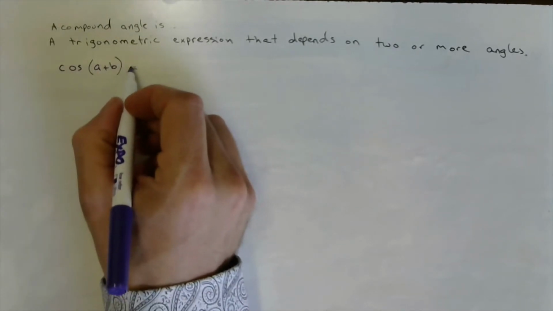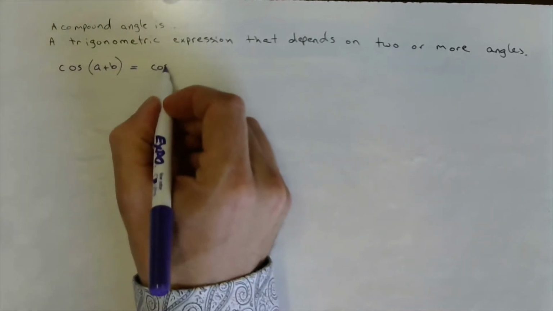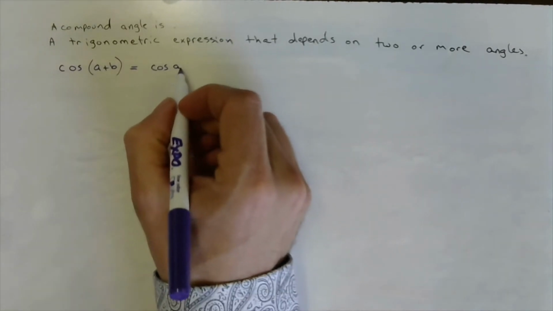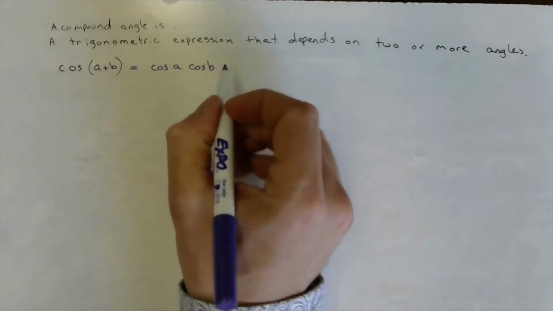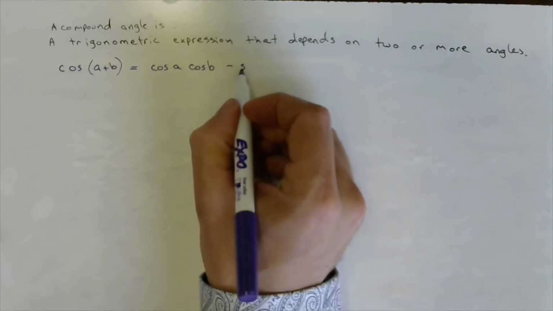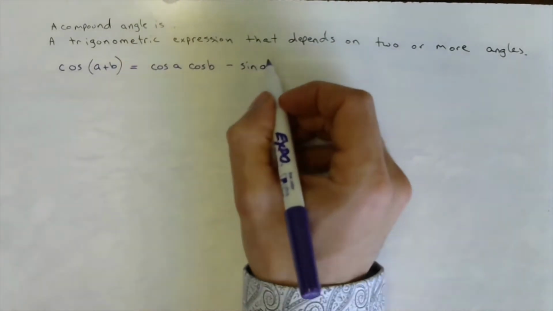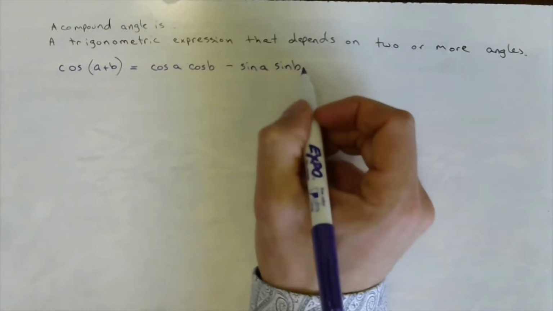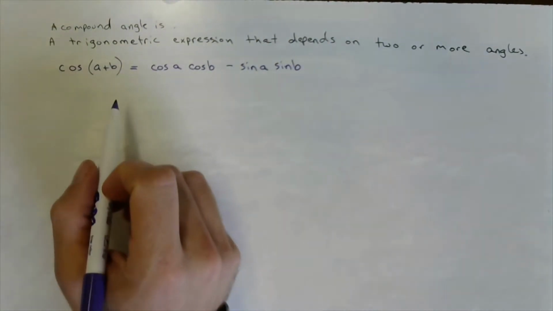This is equal to the cosine of A times the cosine of B minus the sine of A times the sine of B. So when would we ever want to do this?